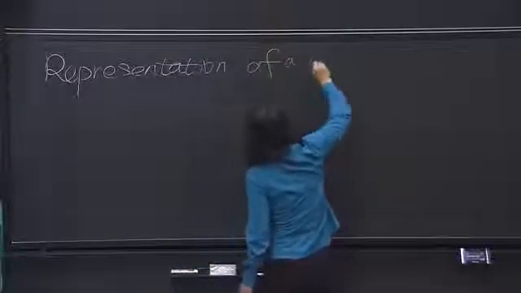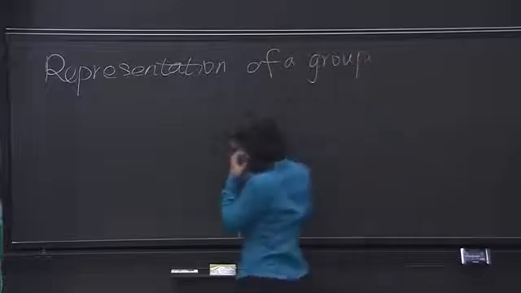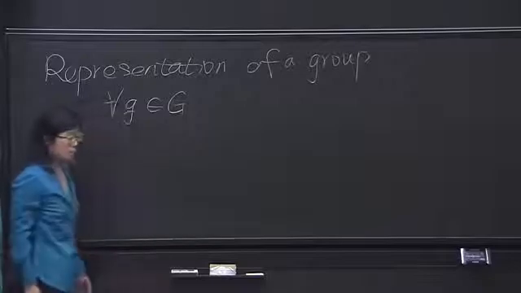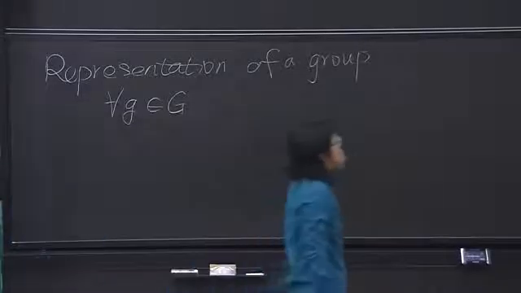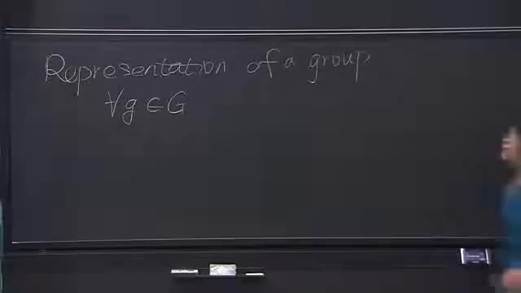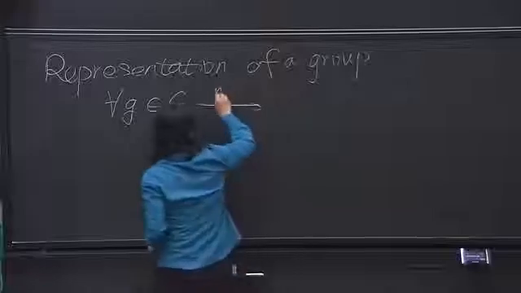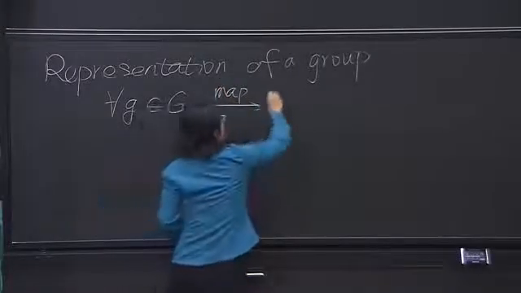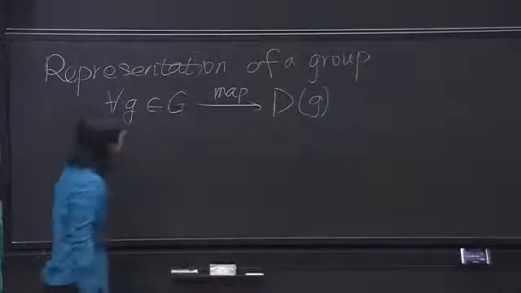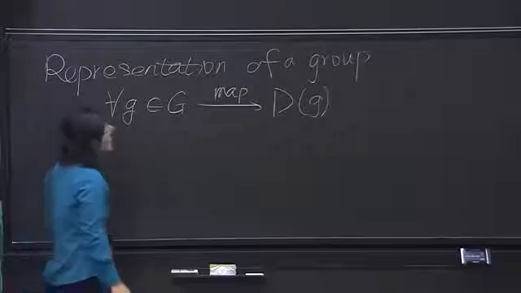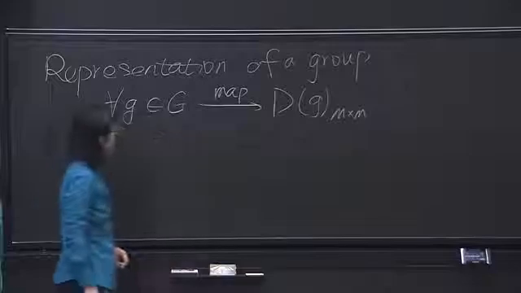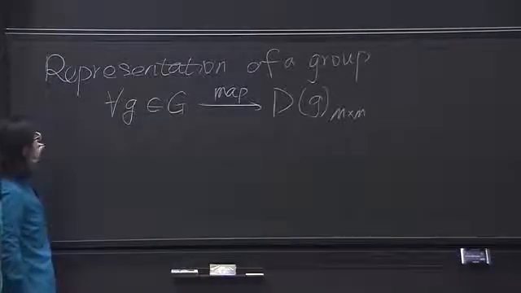What we say is that given a group element, which could be some rotation from one triangle to another, which can be very abstract, we decided to map them onto a matrix anyway, and we call this matrix D as a function of G. And let's say this is an M by M matrix. Okay, so for every single group element, let's do this map.